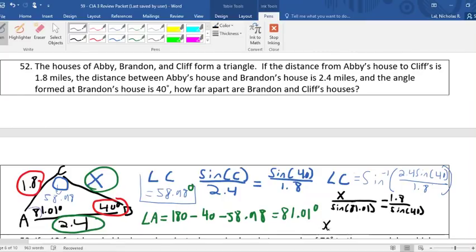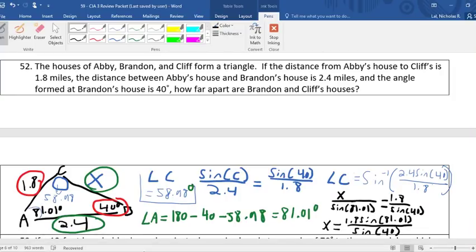So x is equal to 1.8 times the sine of 81.01 over the sine of 40.